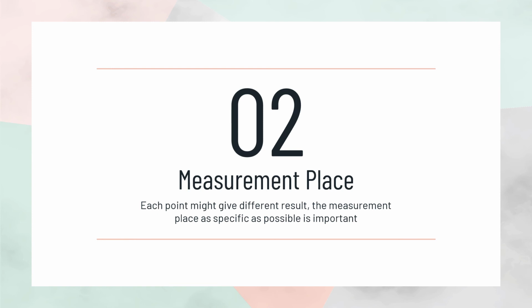For example, measuring the temperature in the middle of the circle and at the surface of the circle gives different values. Therefore, it is important to set the same conditions when measuring the data. So the same place, as specific as possible, is important in this case.